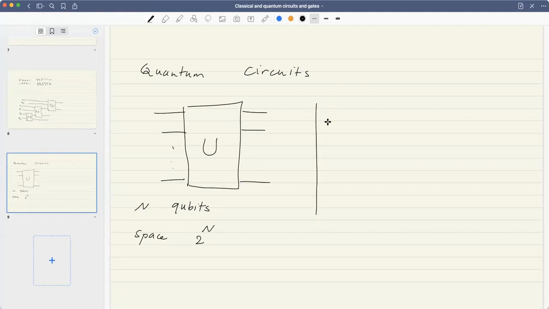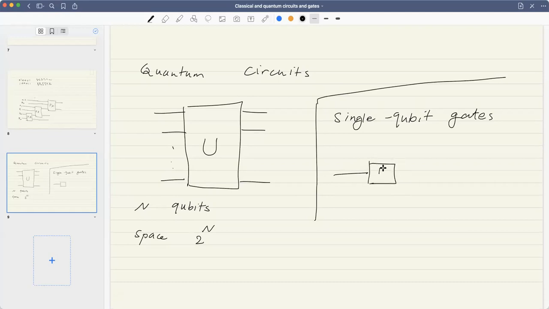single qubit gates. So these are unitary operators that take a qubit and output, so take the state of a qubit and change it to some other state.